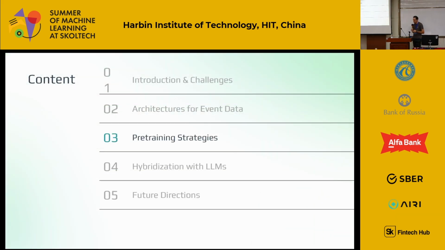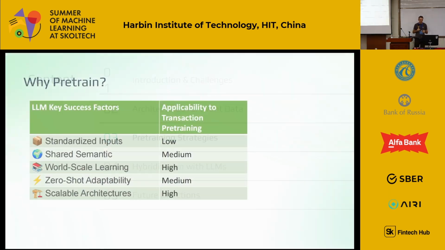So the next step: now we have the model, the architecture which can process our sequence data. Now we should train it on our data. When we remember why language models work very well, we see that many of these ideas can be applied to sequential data.